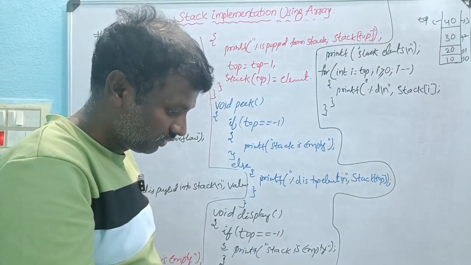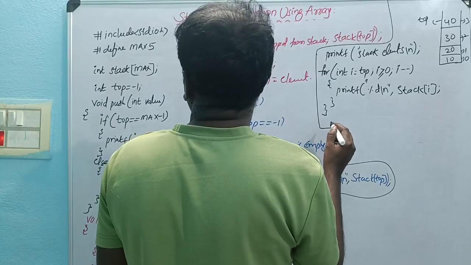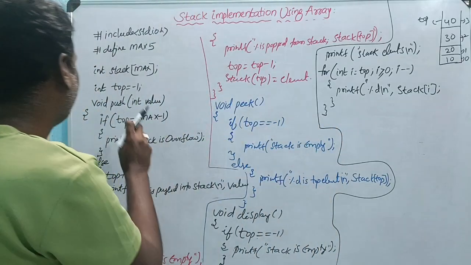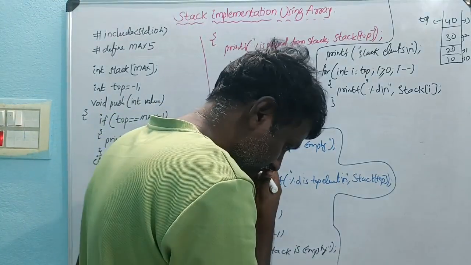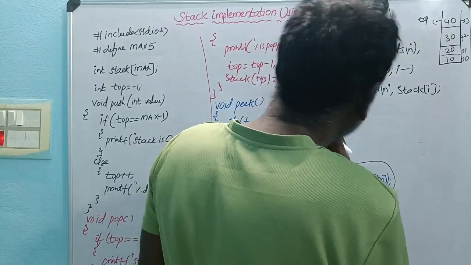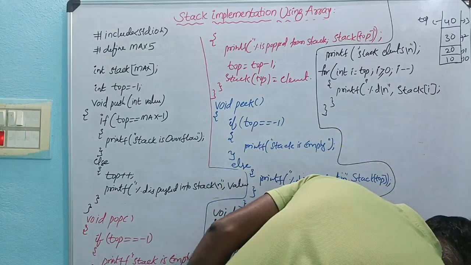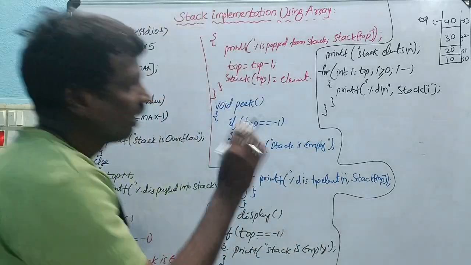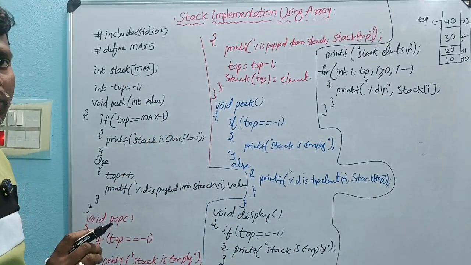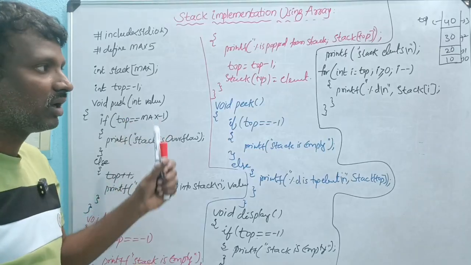So all operations are successfully completed: push, pop, peek and display of stack elements. These are the 4 operations of the stack implementation using arrays.